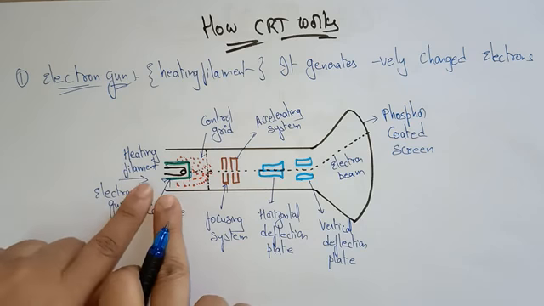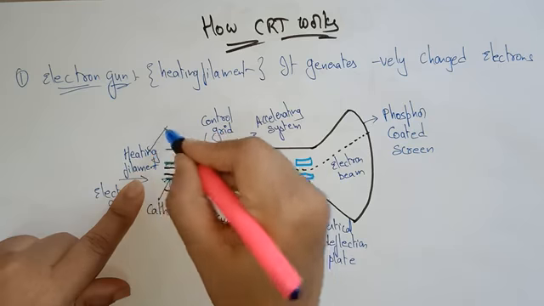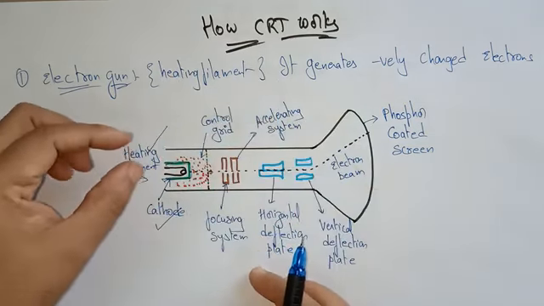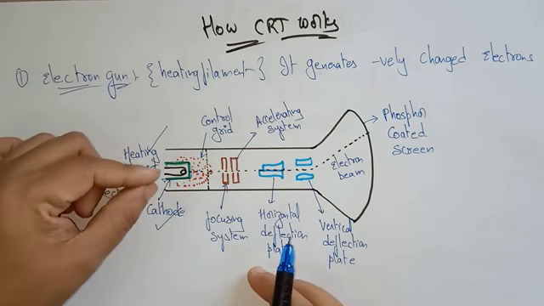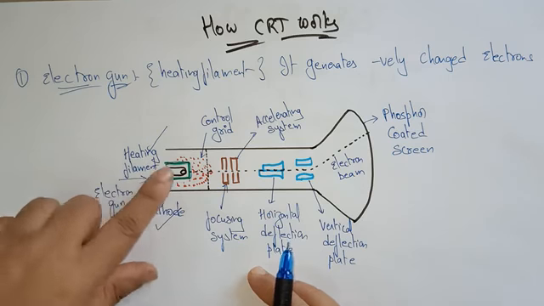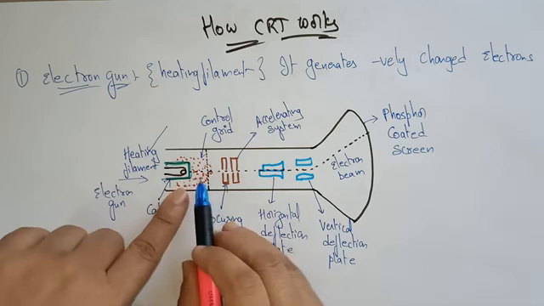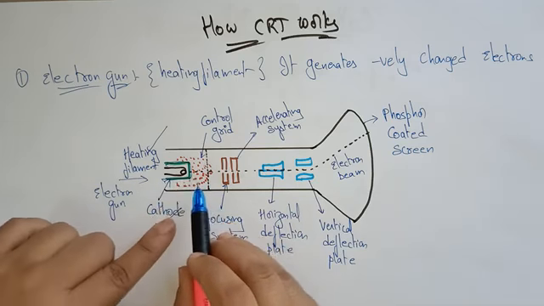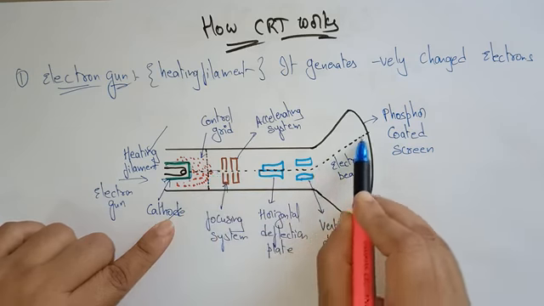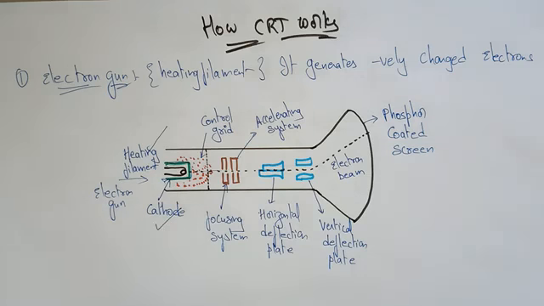So the first component is the electron gun, consisting of a heating filament as well as the cathode. With the help of the heating filament and the cathode, it generates negatively charged electrons. These charged electrons are accelerated towards the phosphorus coated screen, and then you are able to see the image. The first component is over.